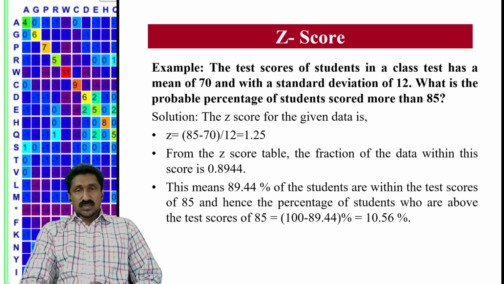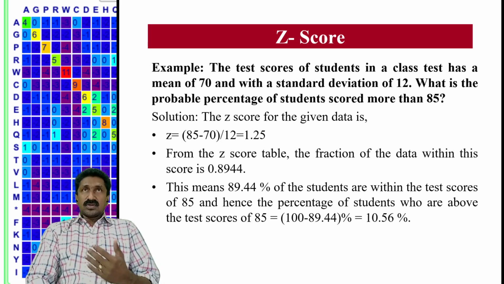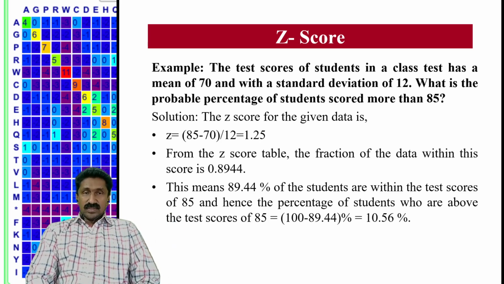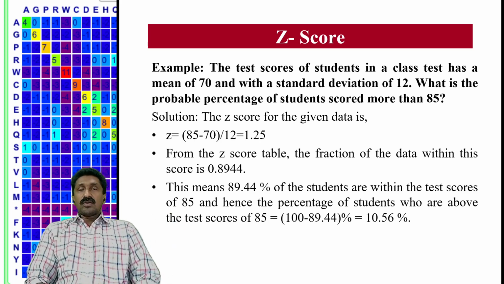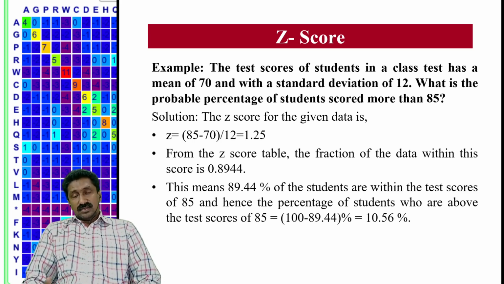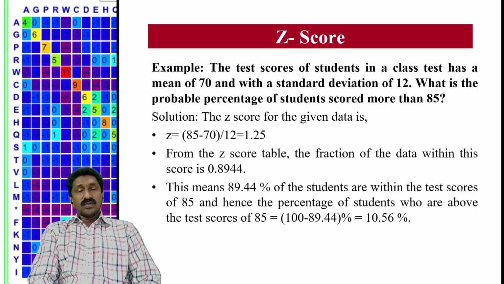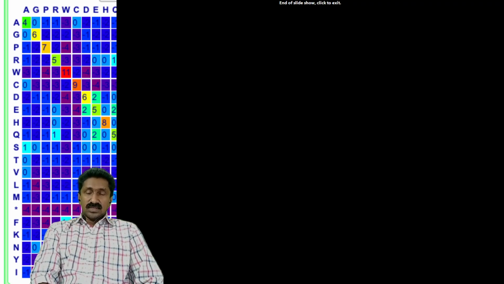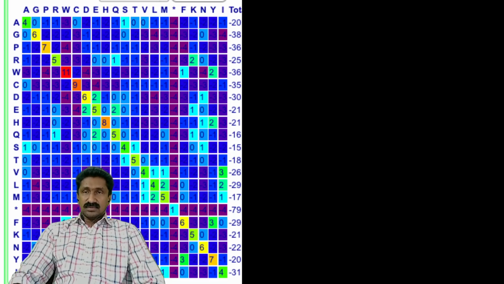The z-score is a measure of the deviation from the mean. So if your actual value deviates more from the mean, that will reduce the significance of the results.